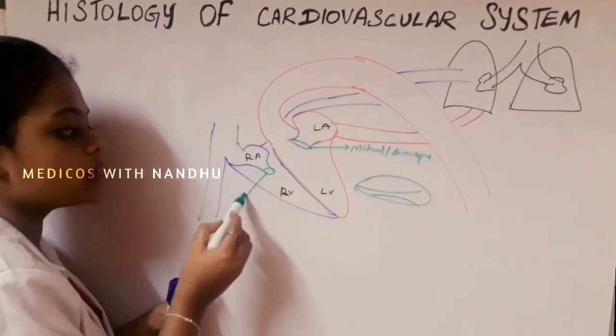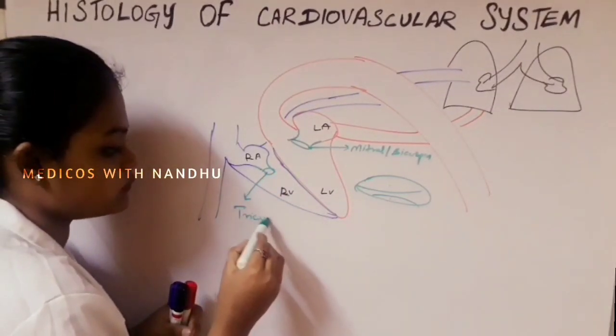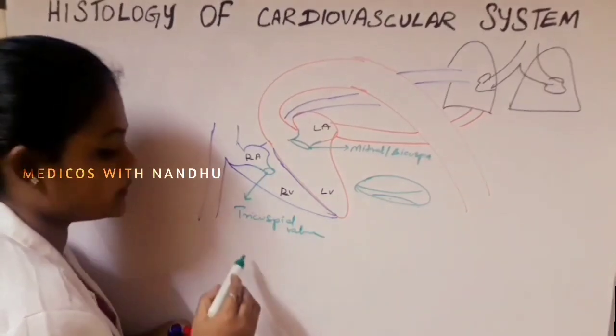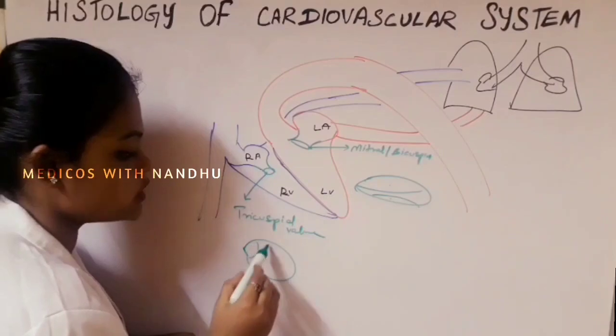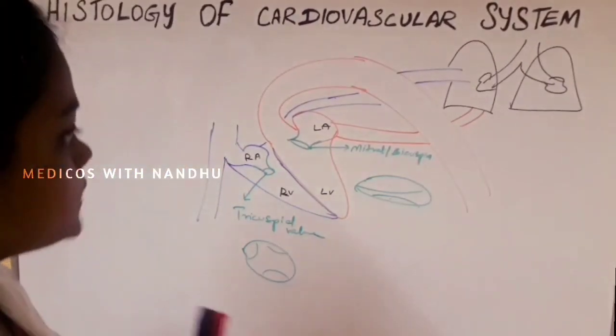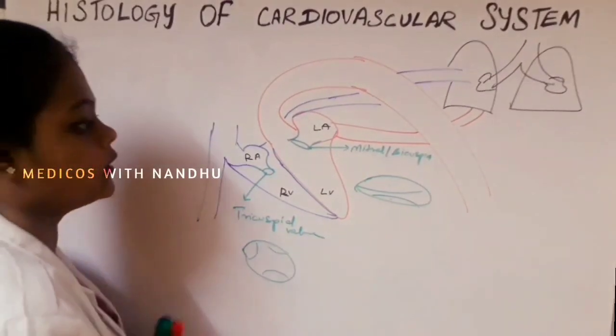and the other valve will be the tricuspid valve, which is present between the right atrium and the right ventricle. Tricuspid valve. So the cusps which are present here are 1, 2 and 3. So these are those things, and there are two output valves.